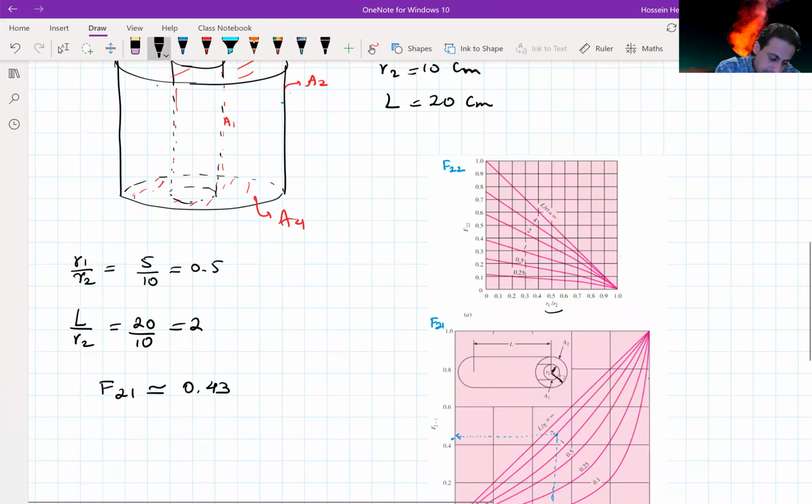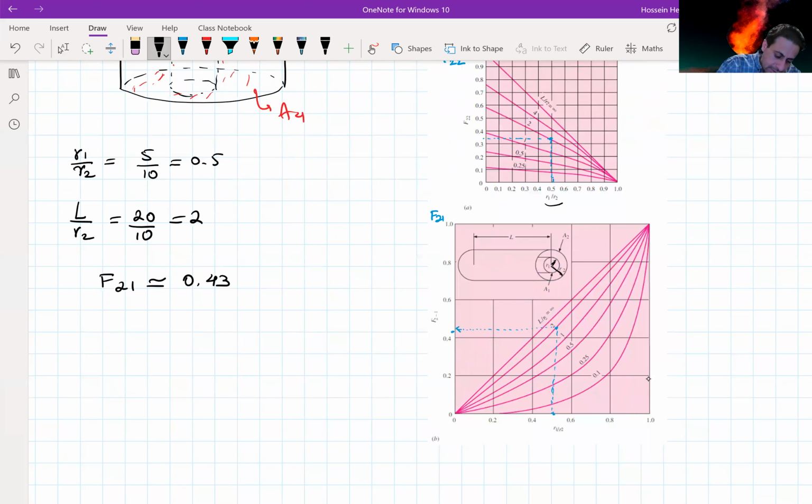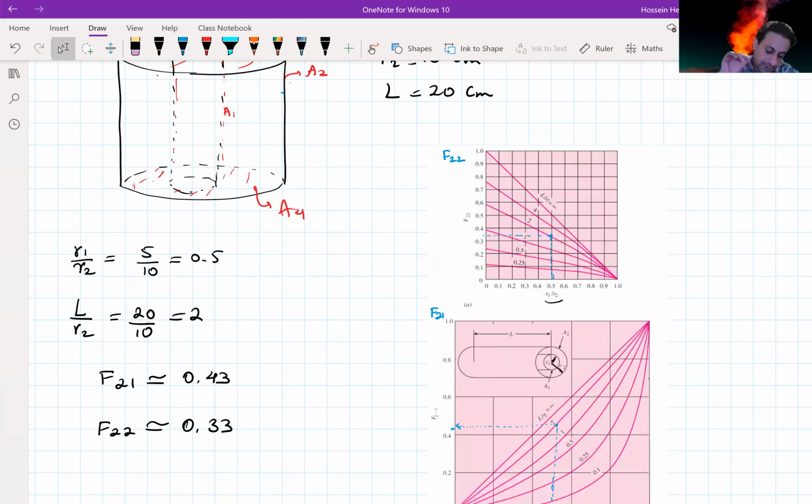For the other one, 0.5 and 2 is going to be here, about 0.33. So F22 is about 0.33. So these are the two view factors for surface 2: the one that strikes itself and the one between surface 2 and 1.